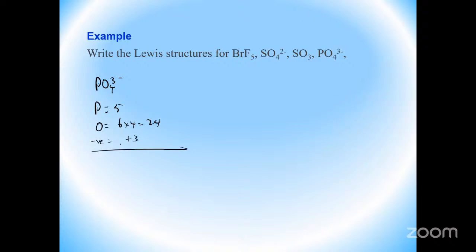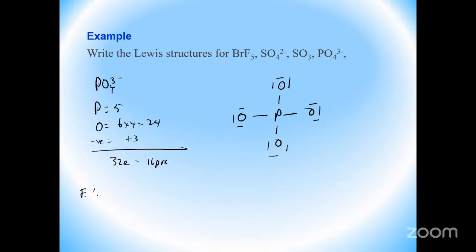So that will be 29 plus 3, so that's 32 electrons, which will be equal to 16 pairs. We put the phosphorus in the middle, surrounded with oxygens. And then we put the bonding pairs, 1, 2, 3, 4. Then the non-bonding pairs, 5 through 16.